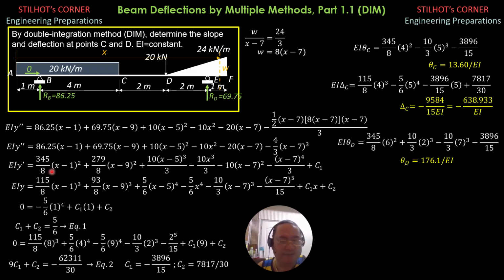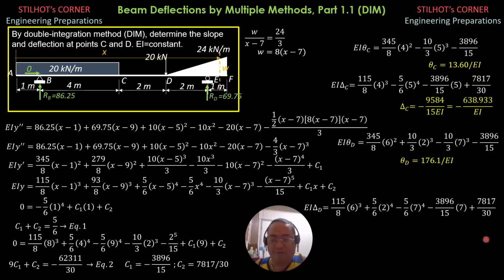X is 7. We can compute delta D in this equation. 115 over 8, 8 cube. X is 7. Plus 5 over 6, 2 to the fourth. Minus 5 over 6, 7 to the fourth. Then plus c sub 1, which is negative 3896 over 15 times 7 plus c sub 2, which is 7817 over 30.